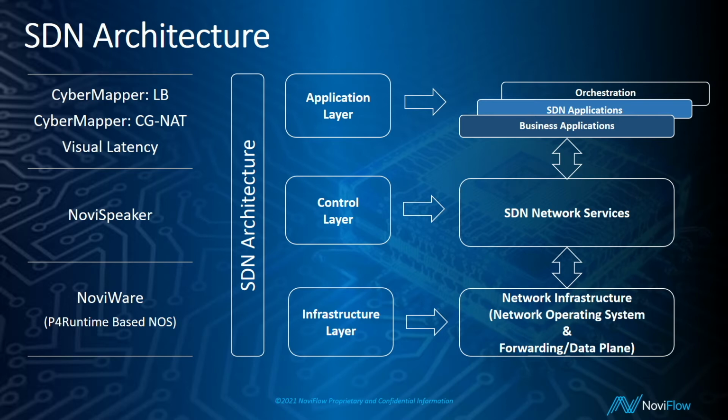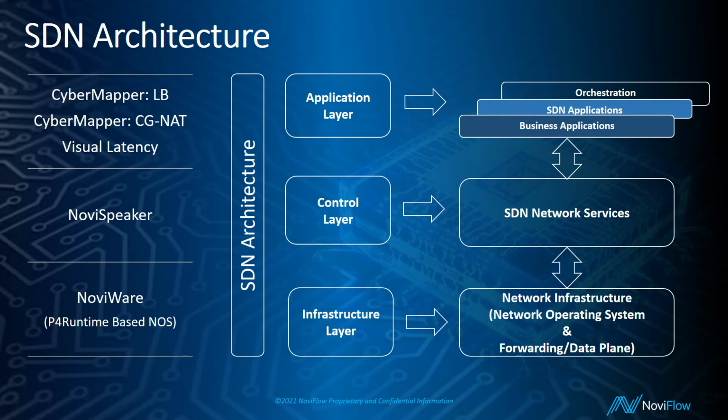Then on top of this network infrastructure layer, there is the control layer, right? You require a NOS that supports open networking specifications like P4 runtime to support a control plane provided by a programmable controller. On top of that, there are applications that control the underlying data plane network infrastructure.